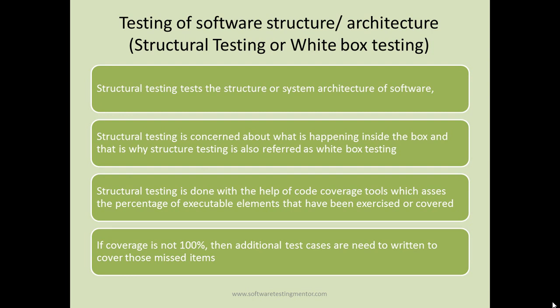Suppose the exit criteria say that 100% code coverage is required, then you need to add the missing test cases so that you get 100% code coverage in white box testing to exit the testing. So testing of software structure or architecture is known as structural testing or white box testing.